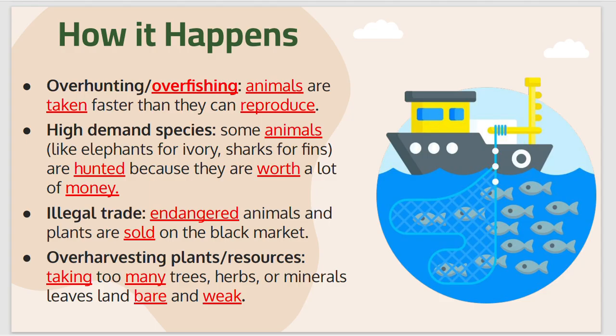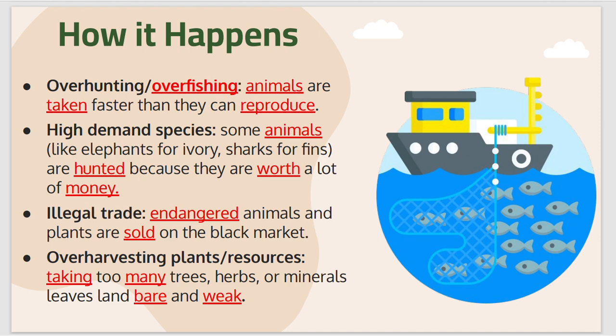Then you also have overharvesting of plants or resources. So this is taking too many trees, herbs, minerals, which then causes the land to be left bare and weak. This is going back to that example of overexploitation can cause habitat destruction. So these can overlap.